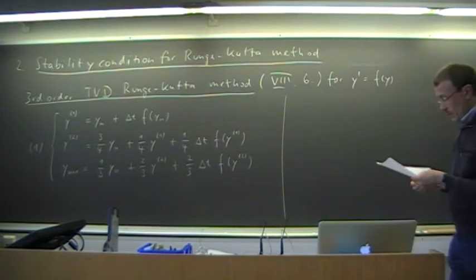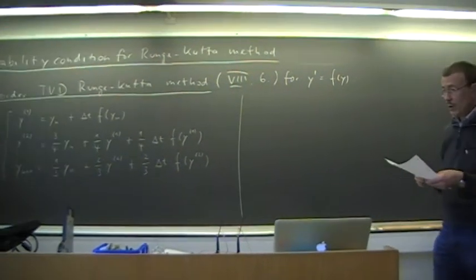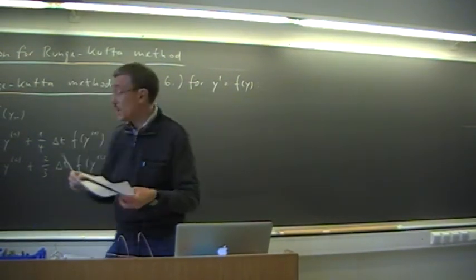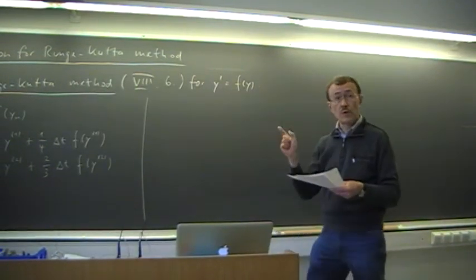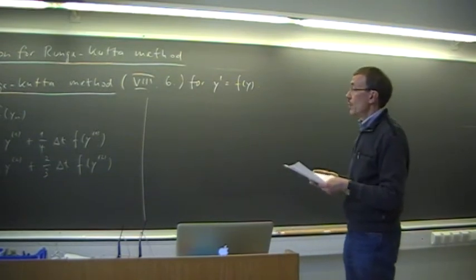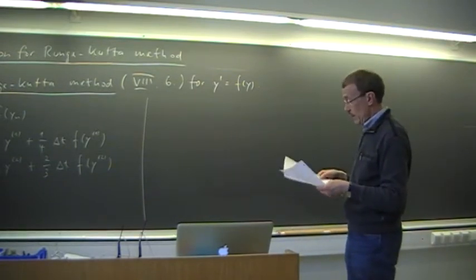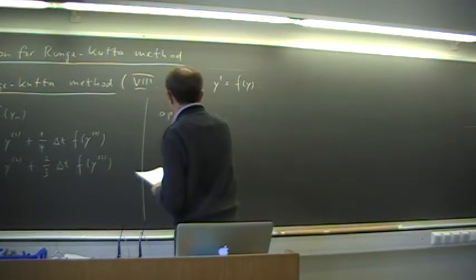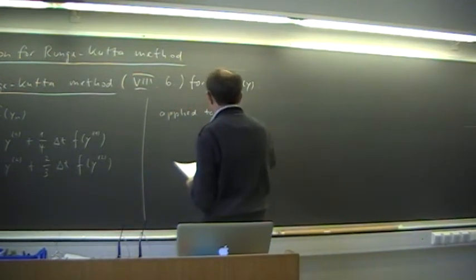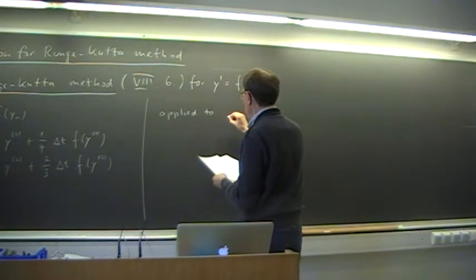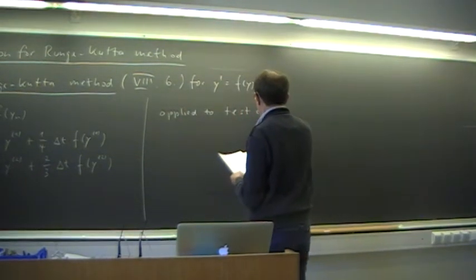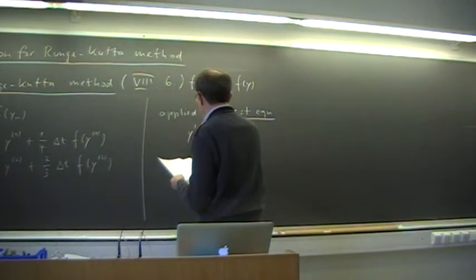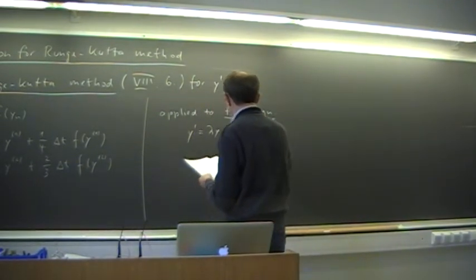And so this method can be shown to have the amplification factors. That is, when you apply this method to the test equation. So third order TVD Runge-Kutta method applied to the test equation. The test equation is then the one y prime is equal to lambda y.